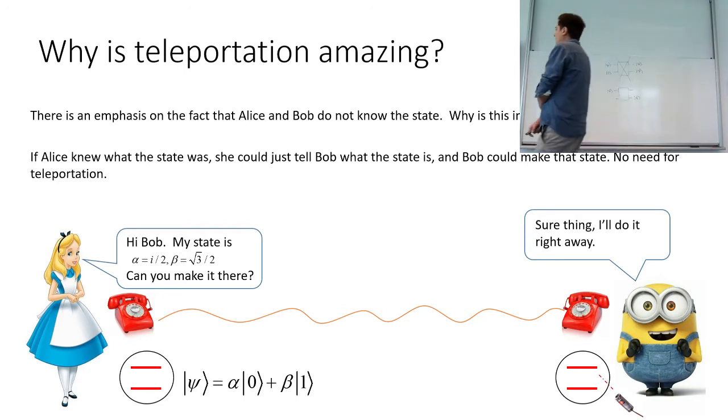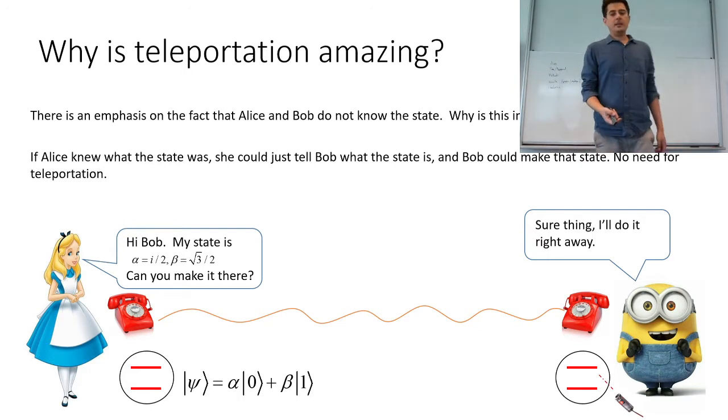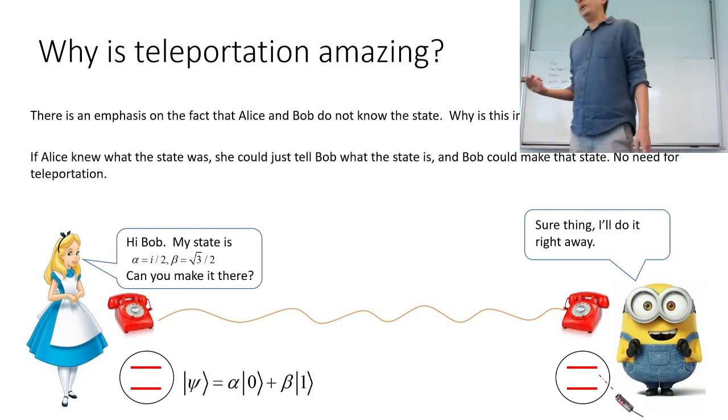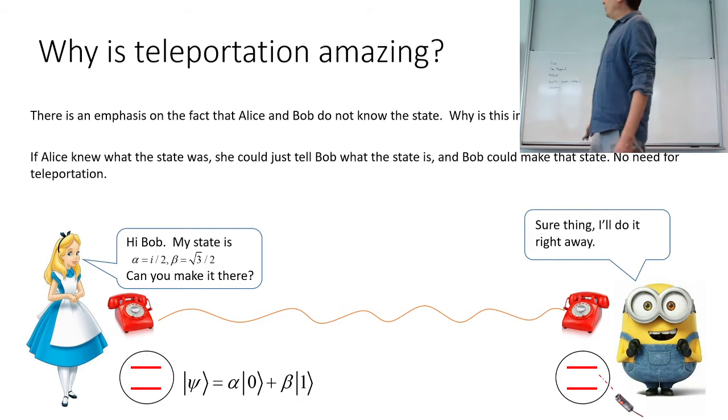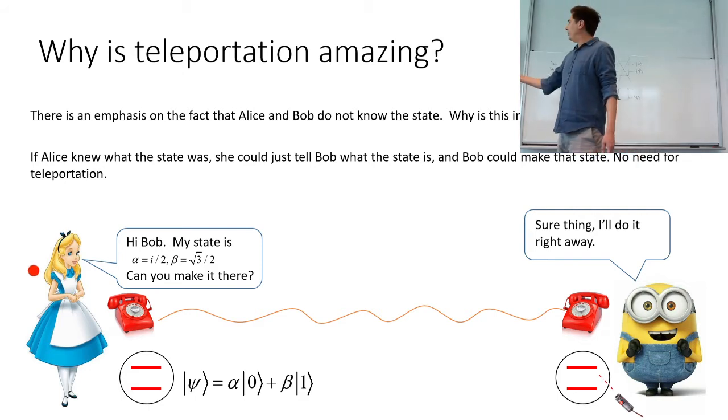If Alice knew what the state was, say she knew alpha was i over 2 and beta was root 3 over 2, just a random example, of course, then this would not be so amazing, because all she needs to do is phone up Bob and say, hi Bob, this is my state, can you make it over here?